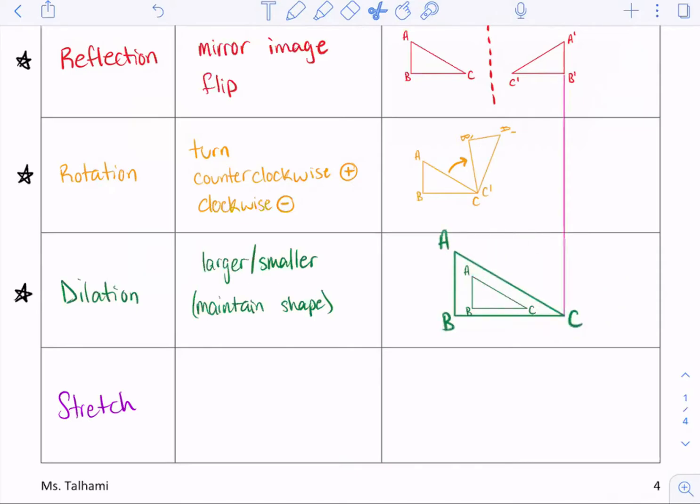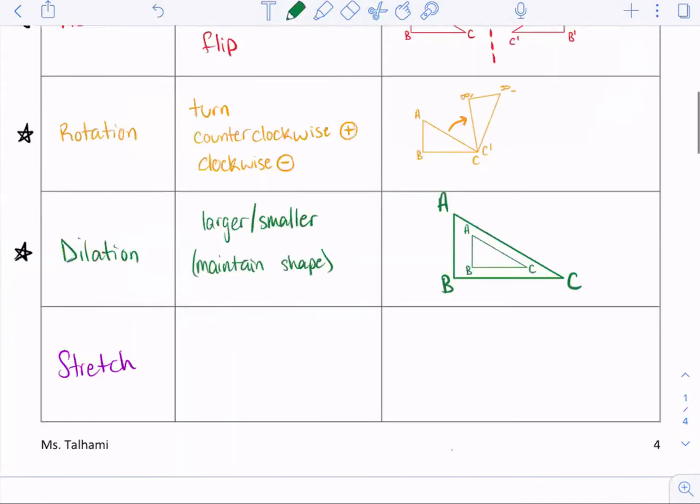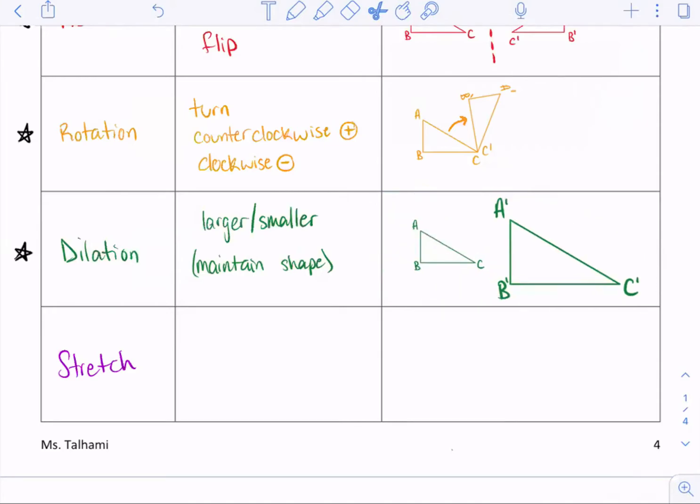I can make it bigger. Oh, it wouldn't let me do that. Or smaller. So that's the dilation. Notice it's the same shape, but a different size. I know I put it over on top of it. I could have put it next to it. So if I wanted to, I could have moved this here. So that's a dilation.